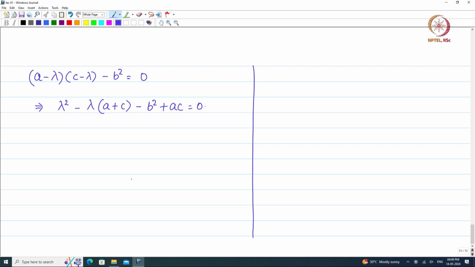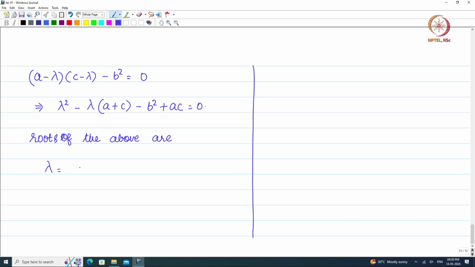So, what are the roots of this equation? We know that the roots are lambda is equal to minus b plus or minus root of b square minus 4 ac by 2a.